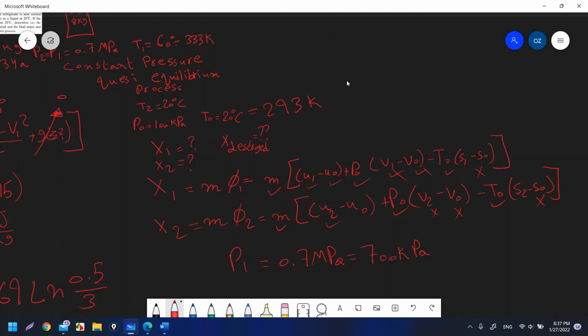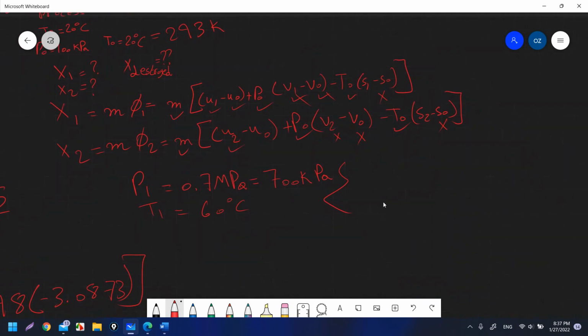What else do we have? We have the temperature, T1 equals 60 degrees Celsius. So we have to use these two properties to find other properties. We need to find U1, V1, and S1.